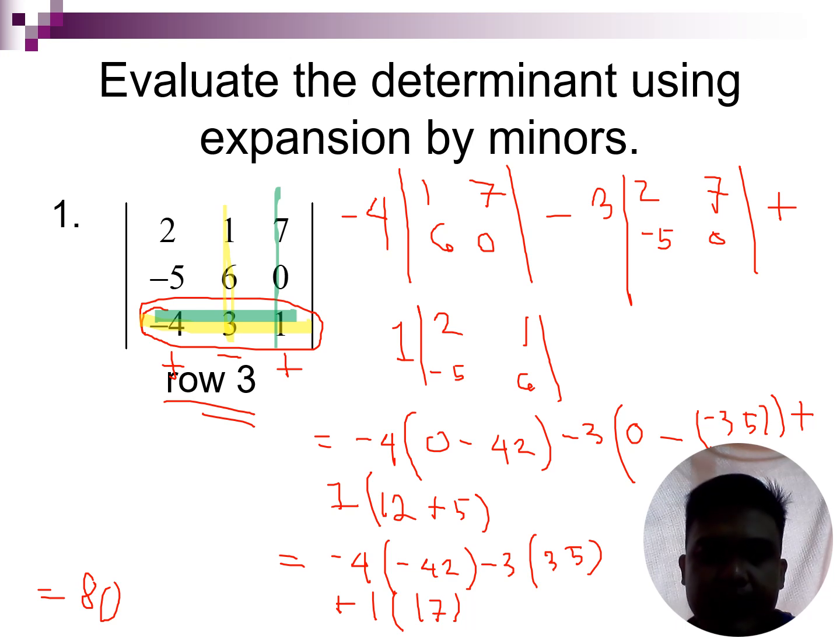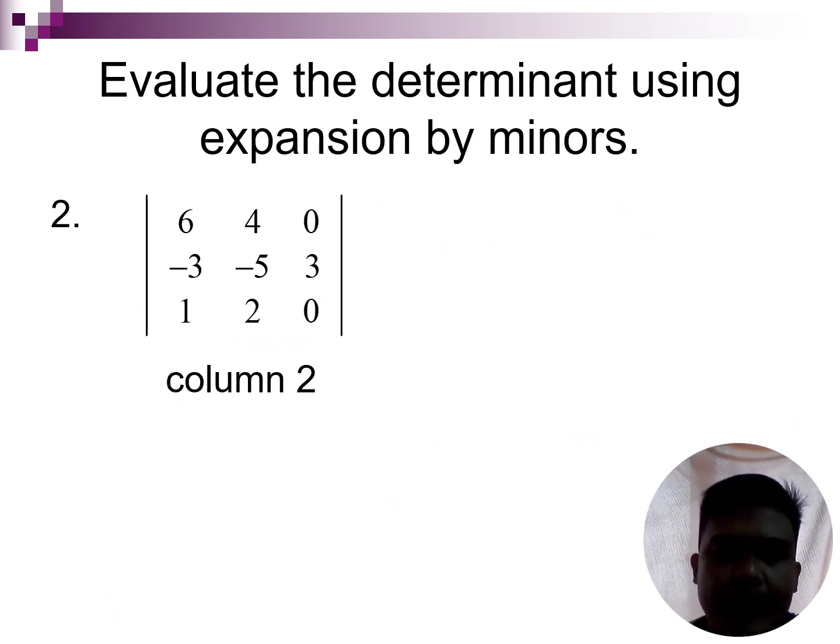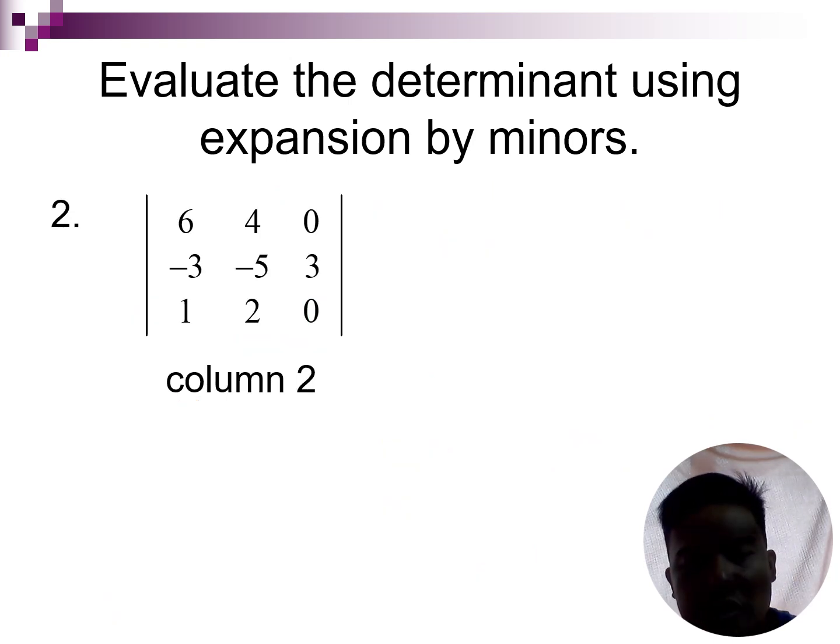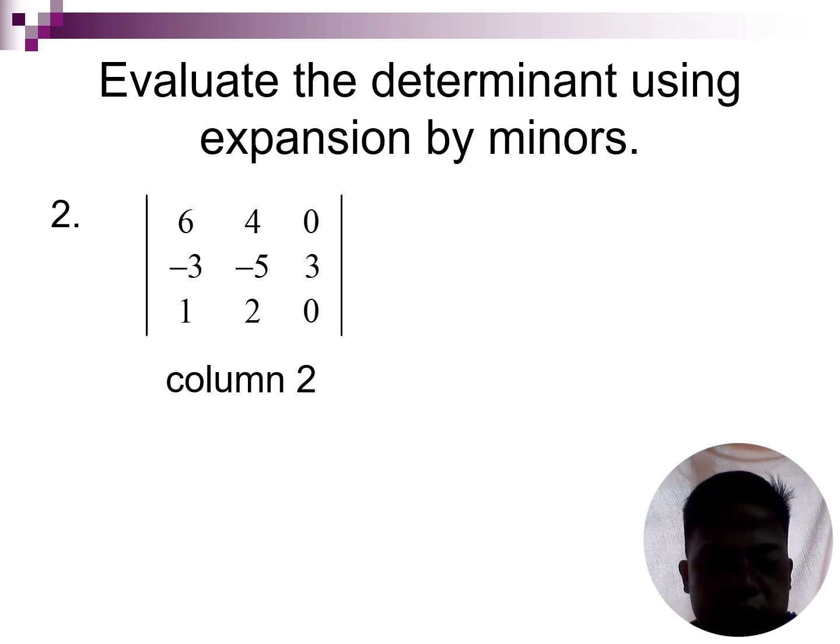And remember, no matter what row or column you use, you would still arrive at the same determinant. You can have that one and leave your answer in the comment section. What is your answer for number 2, using column 2 as your pivot?